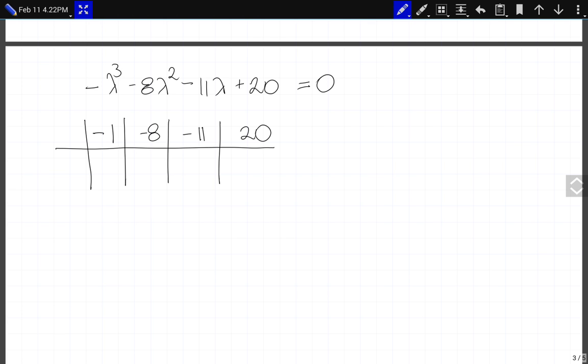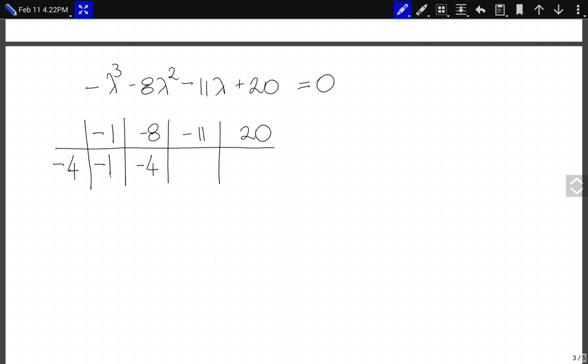And we can try out some roots that we think may be valid. I'm going to try with minus 4, which we know is a root. And we just rewrite this minus 1 here, and then minus 4 times minus 1 is 4, and then we subtract 8, and that gives us minus 4.